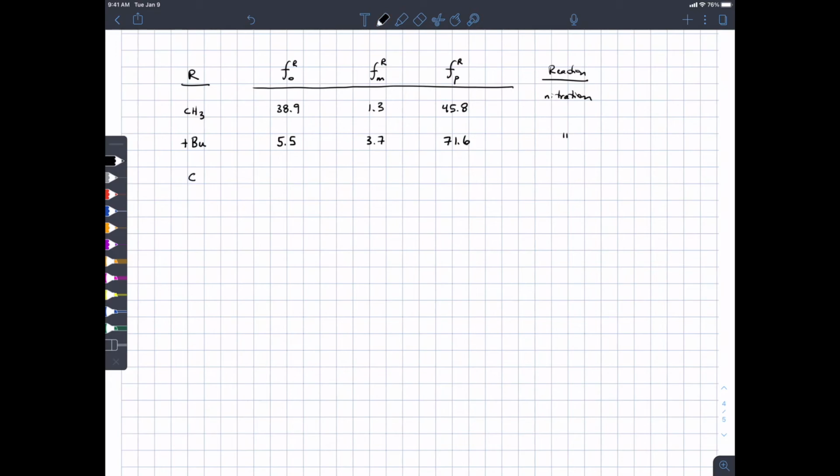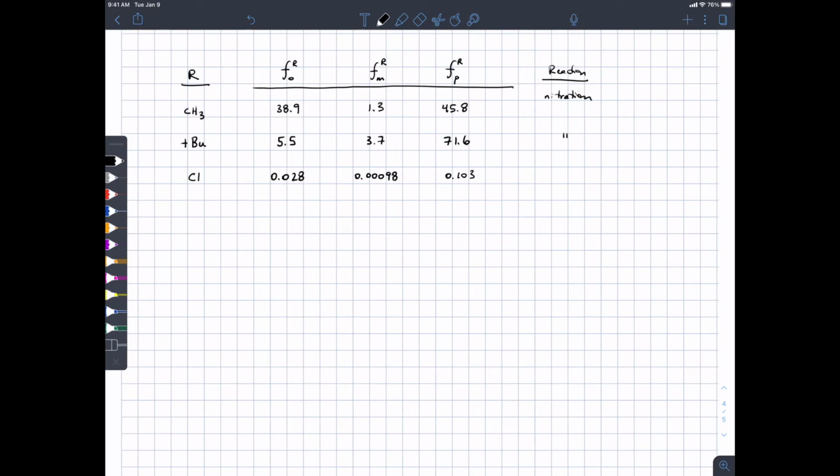Now here's an interesting one that always troubles people. Chloro. Let's look at the rates relative to benzene. So this is nitration of chlorobenzene. 0.028 for the ortho position, 0.00098 for the meta position, and 0.103 for the para position.